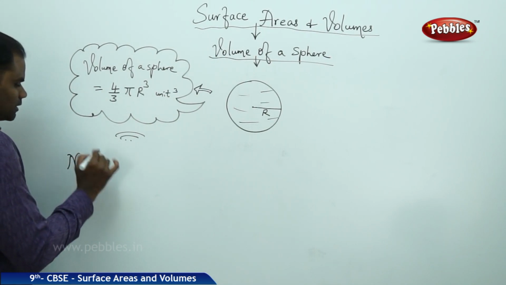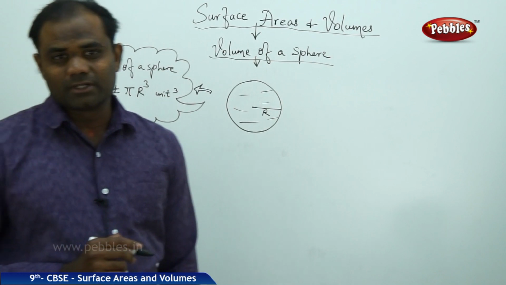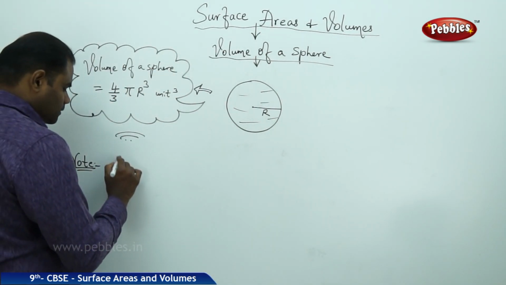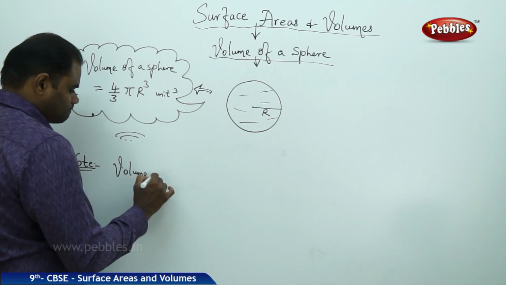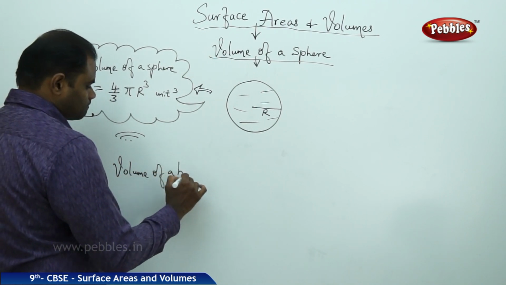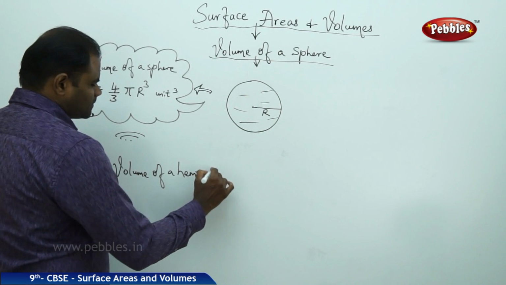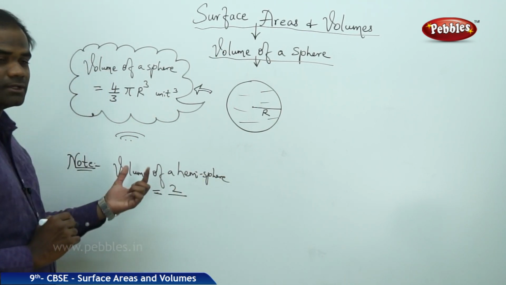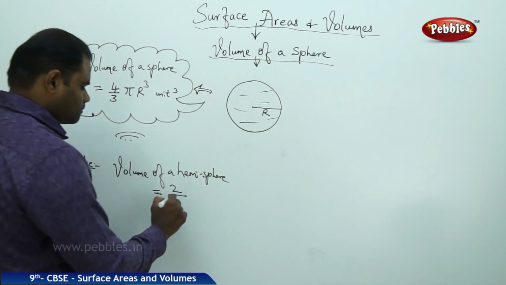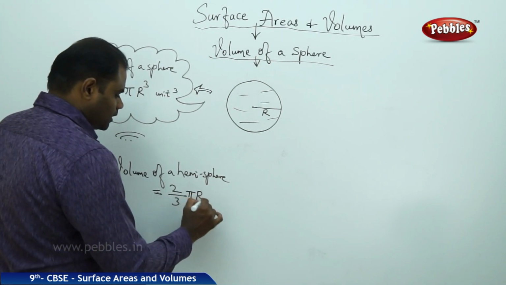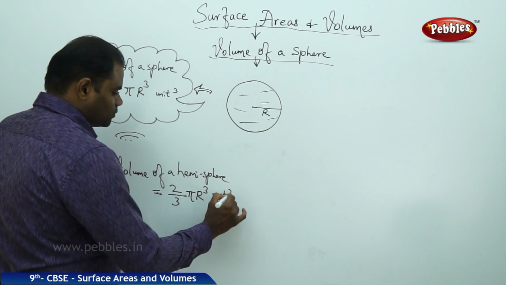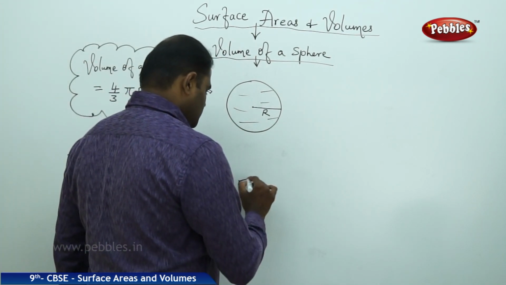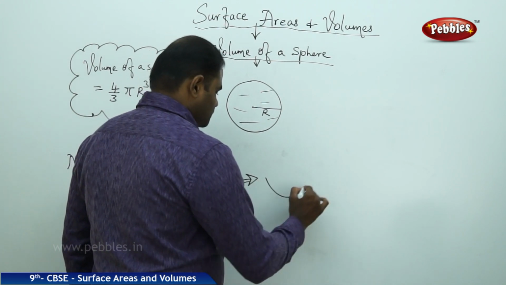So with this, it's clearly understood that if the volume of a sphere is 4/3 pi r cube, then the volume of a hemisphere is half of the volume of the sphere, that is 2/3 pi r cube unit cube, because exactly a hemisphere is nothing but half of the sphere.